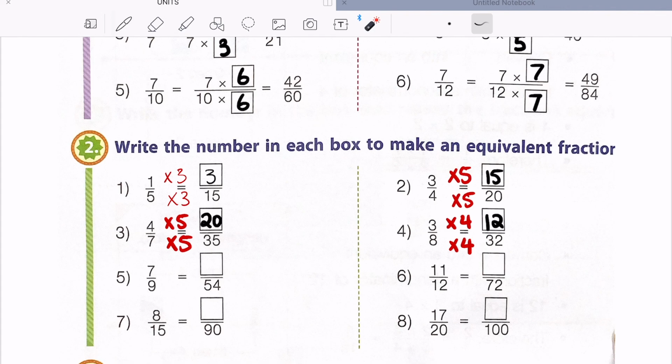So 9 times what equals 54? 9 times 6 equals 54. So if we multiply the bottom, we have to multiply the top. So 7 times 6 is equal to 42. So 7/9 is equal to 42 54ths.